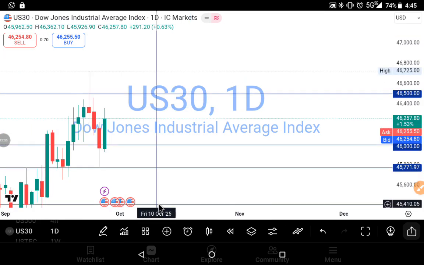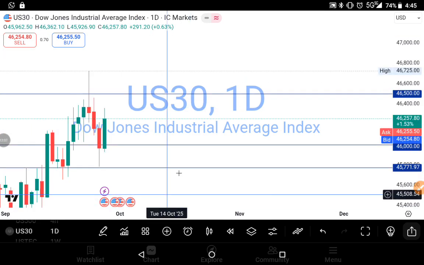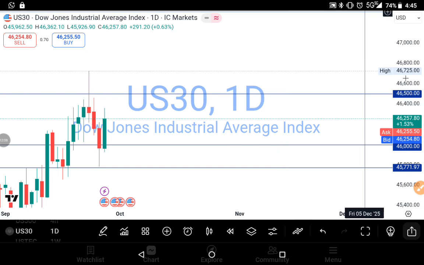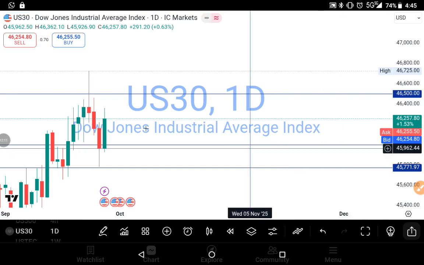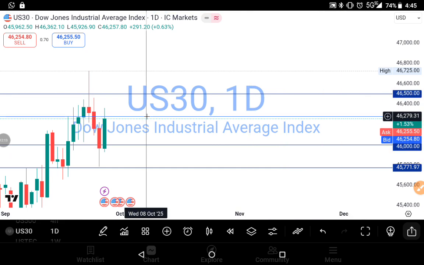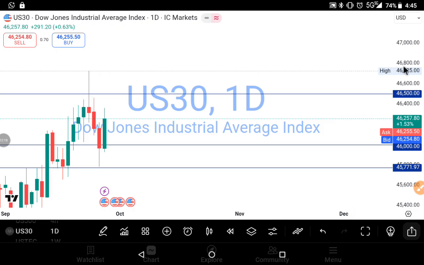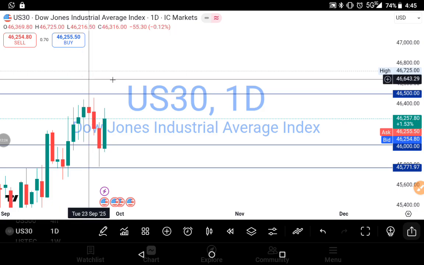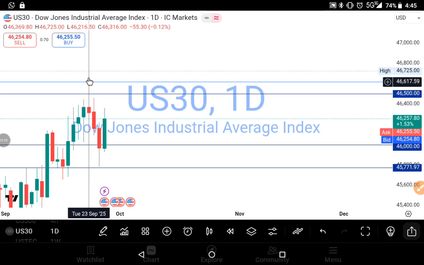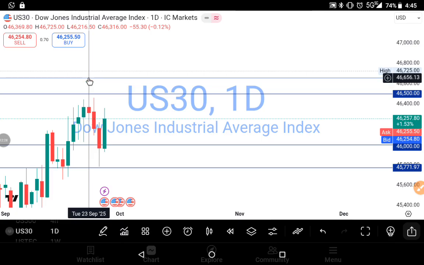So I was expecting 46,500 and 46,800. 46,500 has been taken, has been raided, and the market was short of some movement into 46,800 because the high of this candle comes in at 46,725. Is that a coincidence?